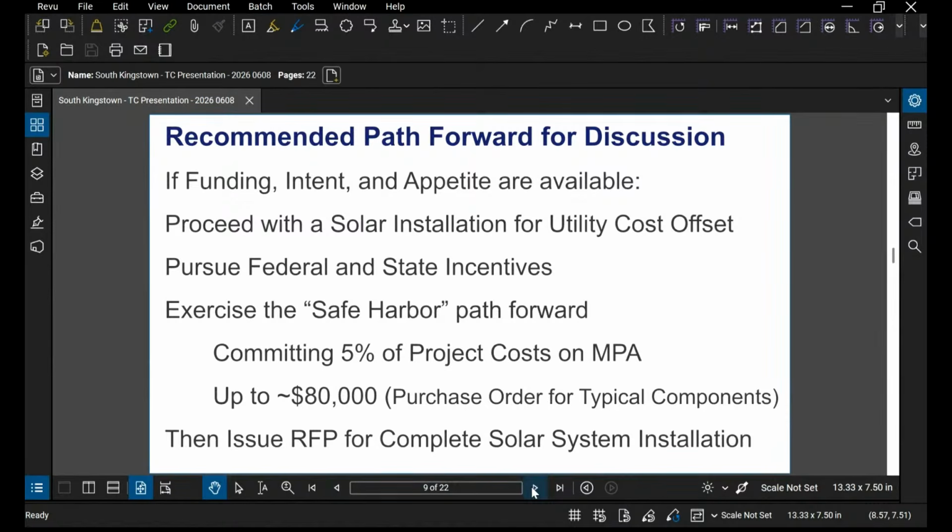We think that would be up to about $80,000. And that would be for the purchase of typical building components that would be used for the system. And then we would issue an RFP for the complete solar system installation.